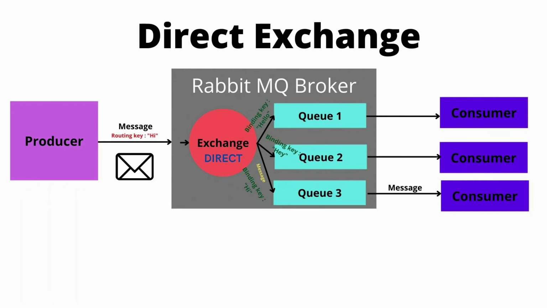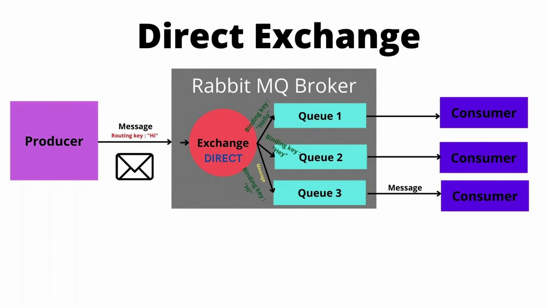We can also see that every single binding here has an attribute called binding key. For example, the binding on the first queue, so Q1, is bound to the exchange with a binding key of hello. Q2 has a binding key of hey, and Q3 is bound to the exchange with a binding key of high.